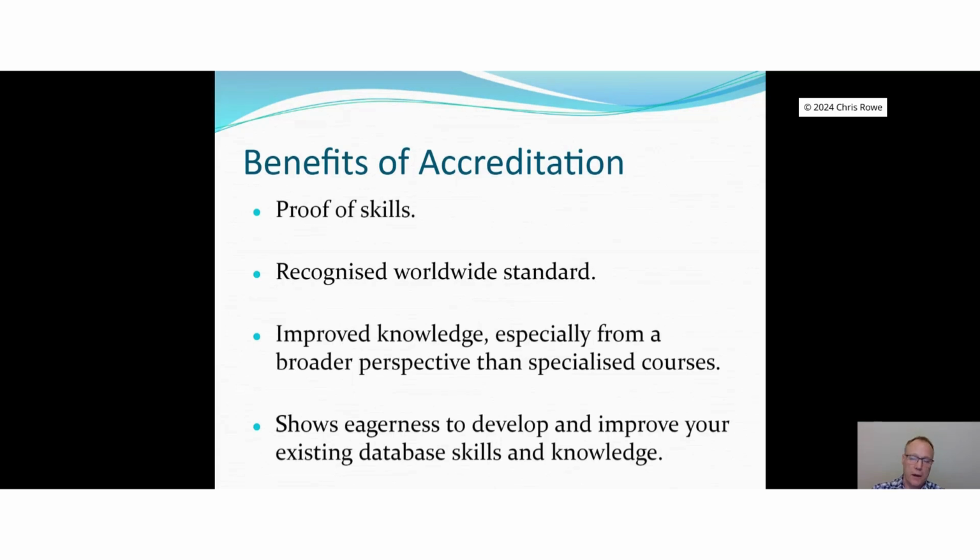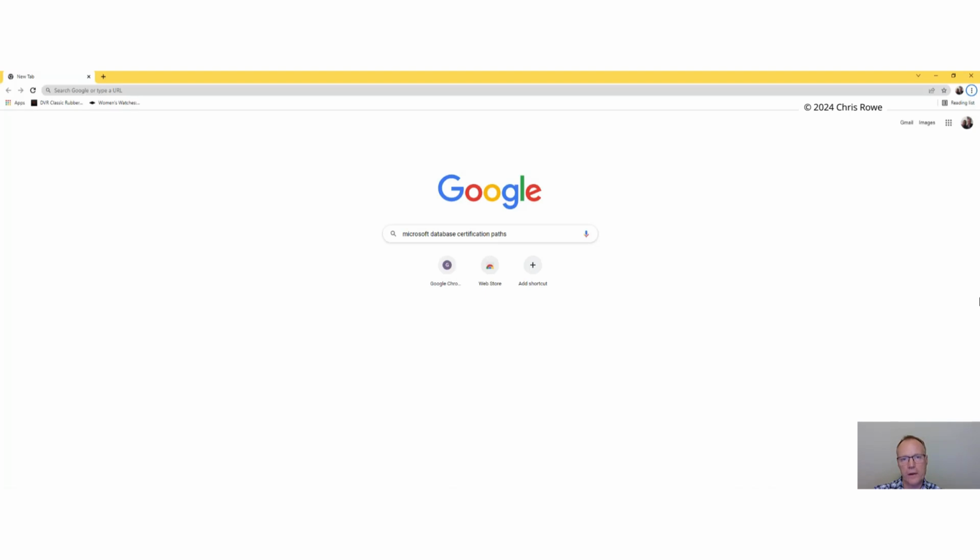Right then, let's head on in to a Google search page, and have a look at what Microsoft has to offer in terms of their current accreditation programs. So in this little Google search, I've typed the following: Microsoft Database Certification Path.